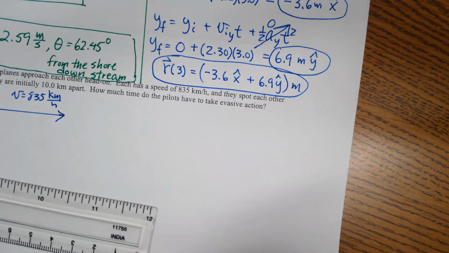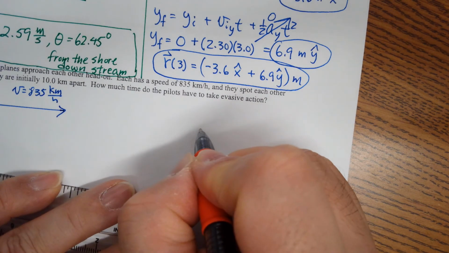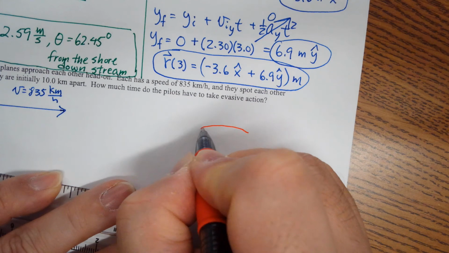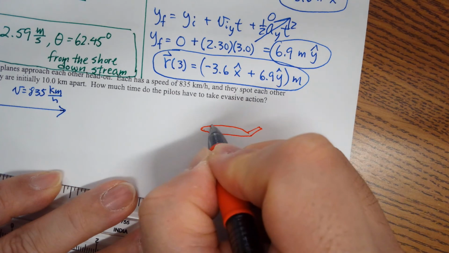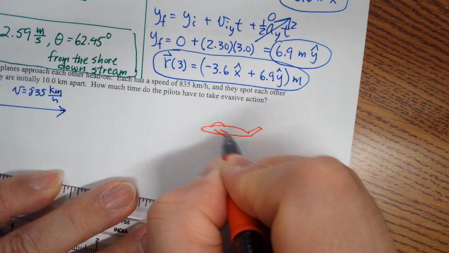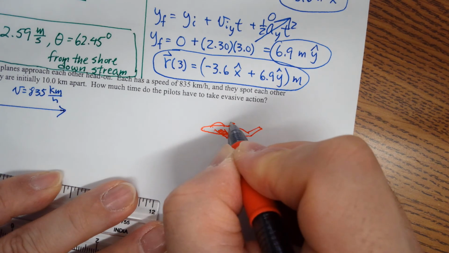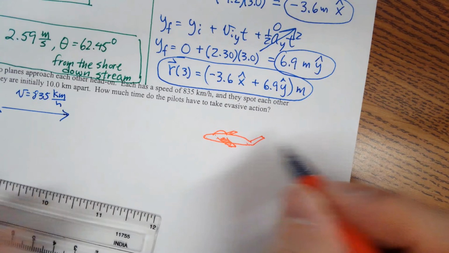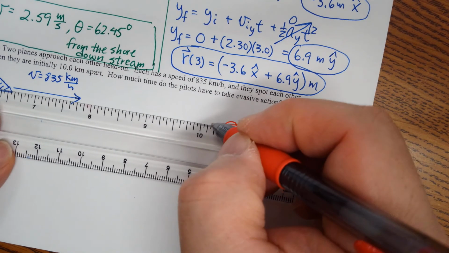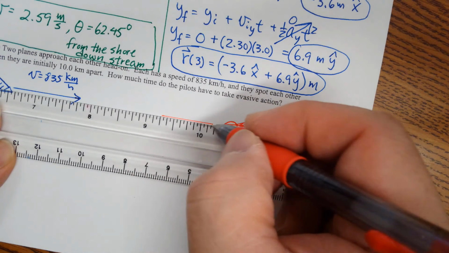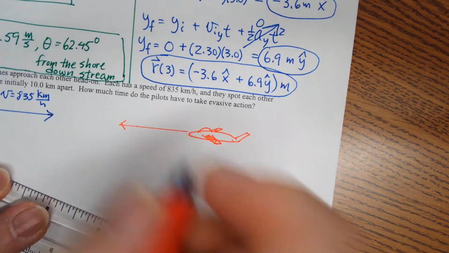And then I have another plane, right? We have a MiG flying at 835 kilometers per hour. They're playing chicken to see who's going to bail out, right?